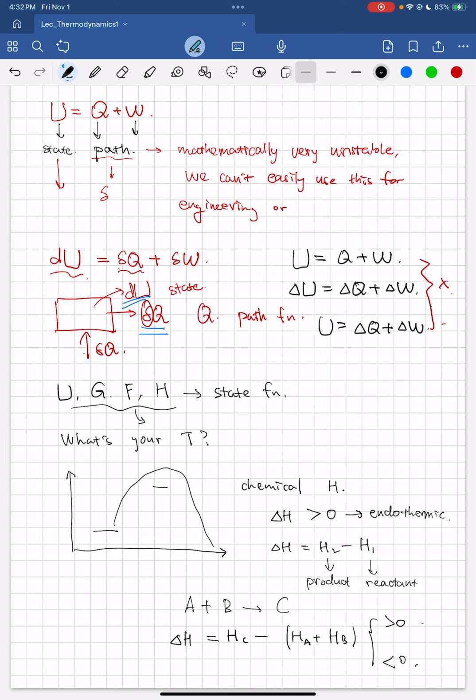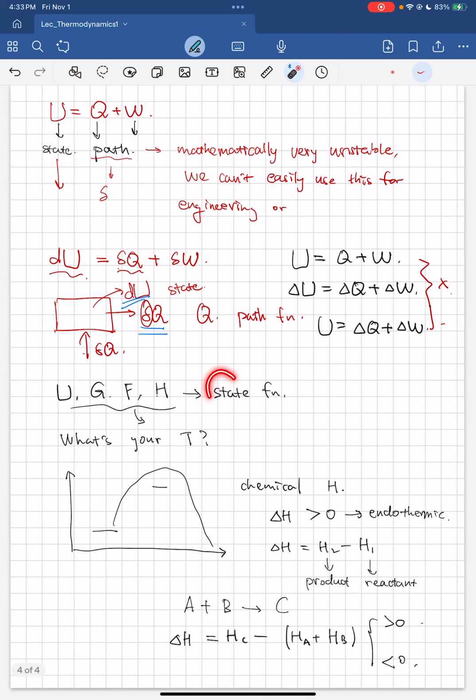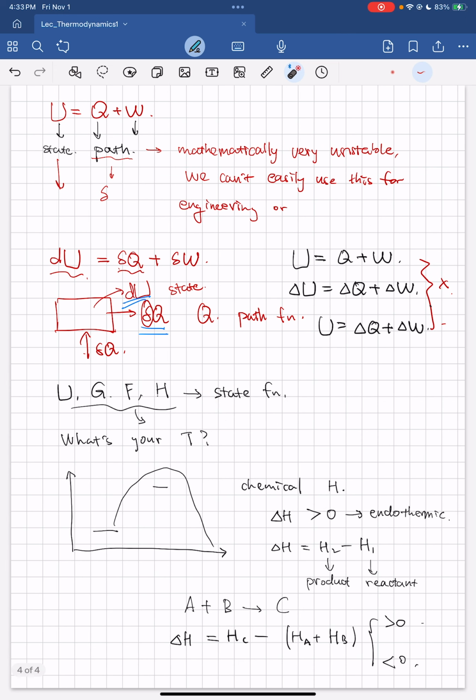Anyway, you can clearly see from these examples that these energies are state functions, and you may question something like, what's the difference between these energies? Later on I'll explain much deeper, but at this point you can just think of them as all man-made energy for different situations.